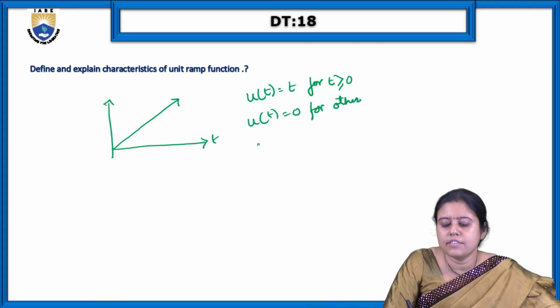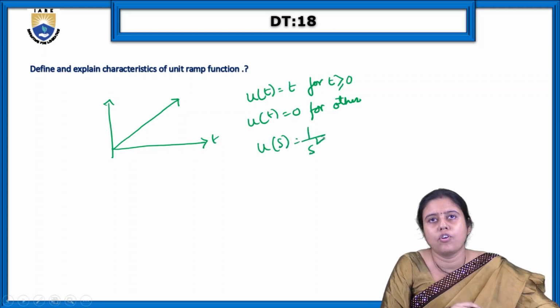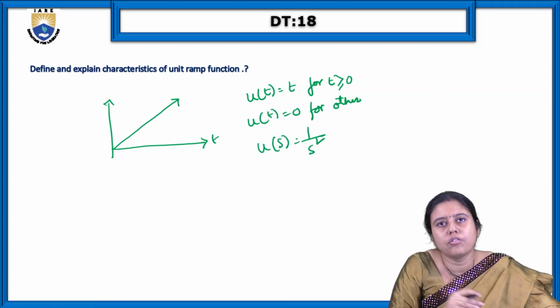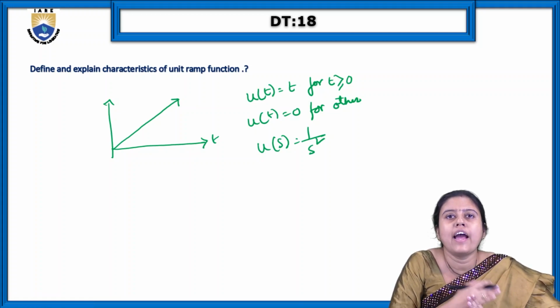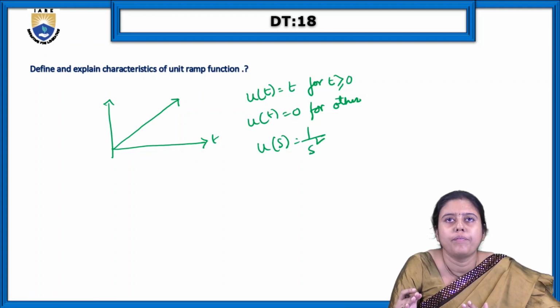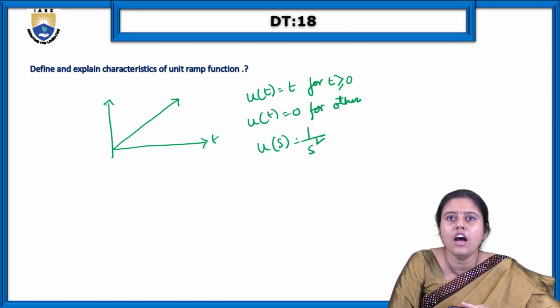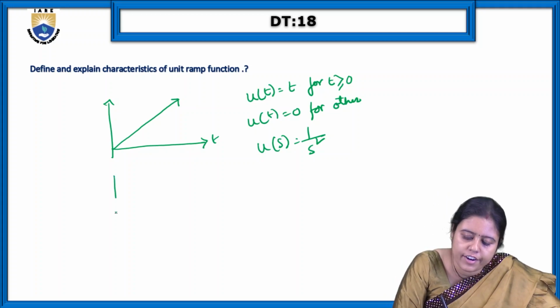What is the Laplace transform? U(s) is equal to 1 by s square. It is also known as the constant velocity function.